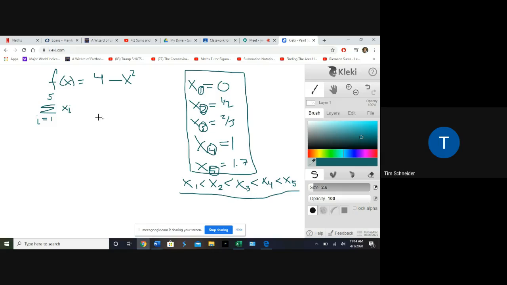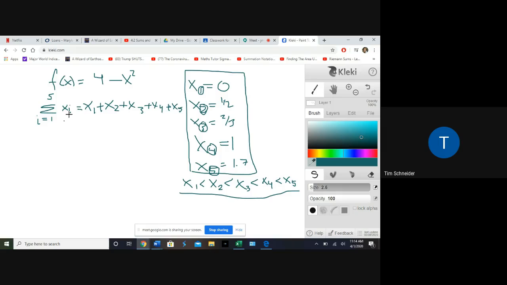Now, this is kind of a silly example. We don't actually have the function involved yet, but let's first just look at what x sub i actually looks like. Well, this is x1 plus x2 plus x3 plus x4 plus x5.